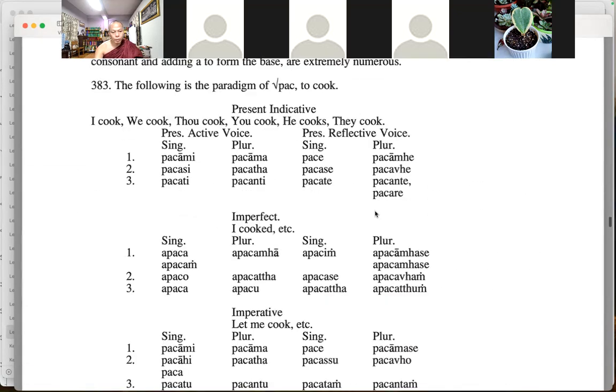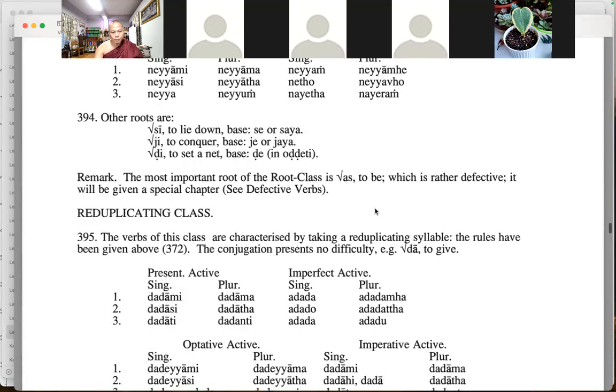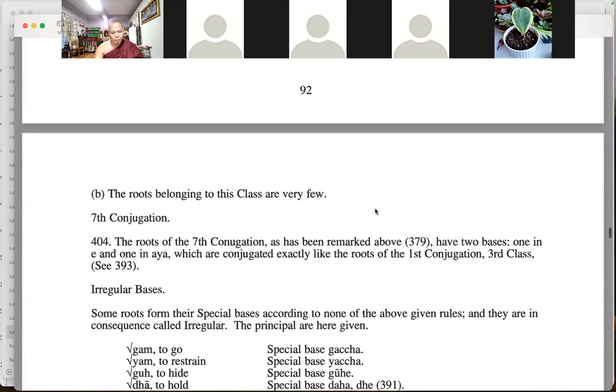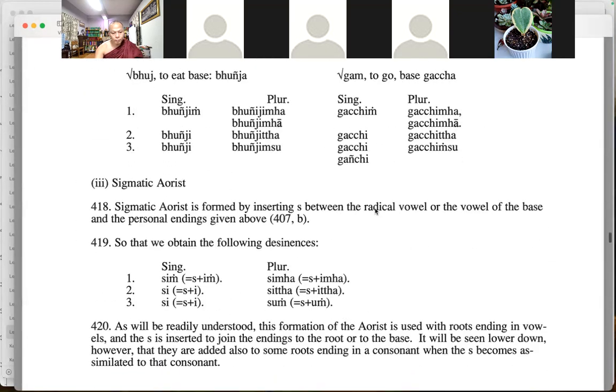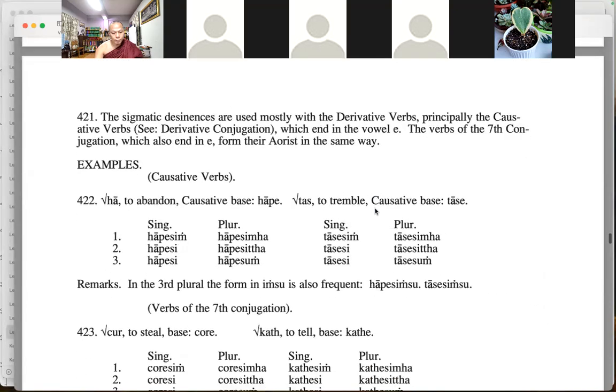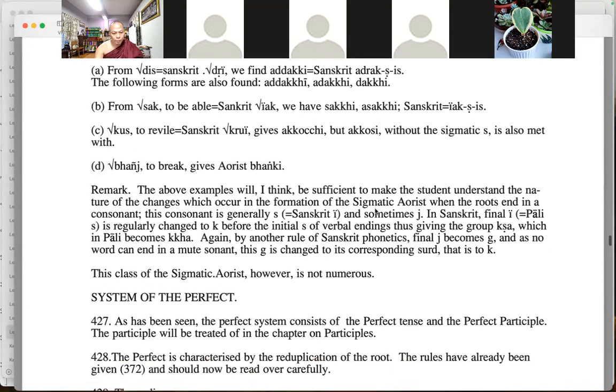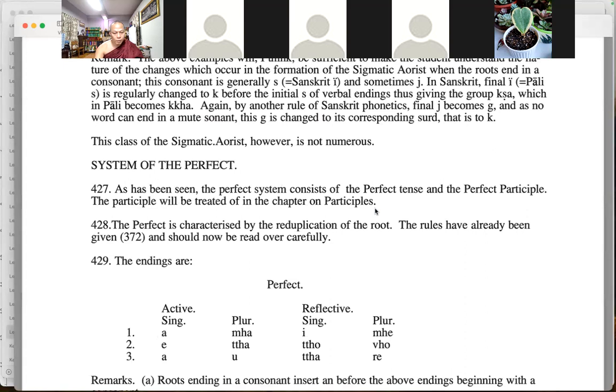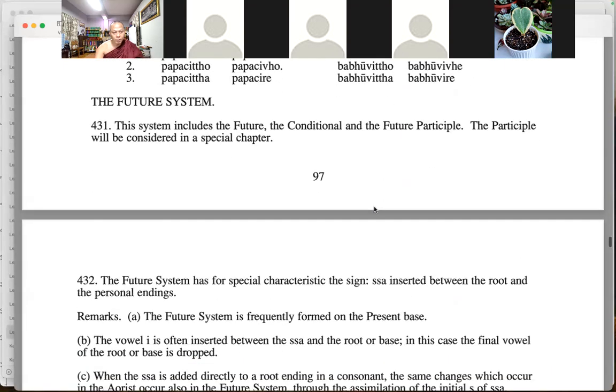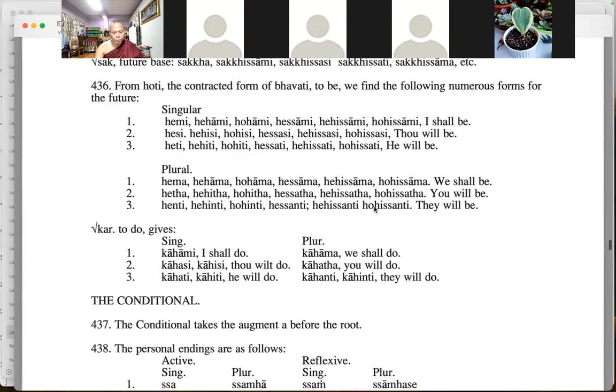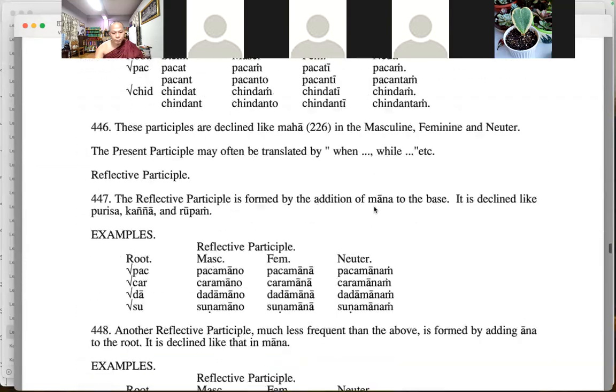That is the first conjugation. Past tense. Causative. System of the perfect. Future.